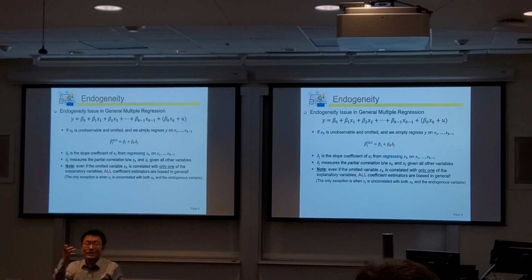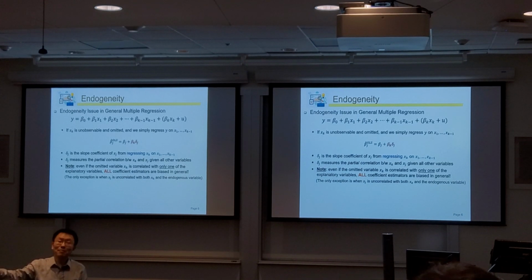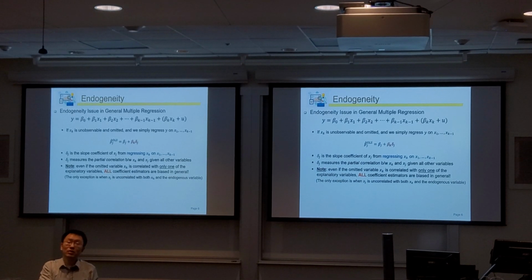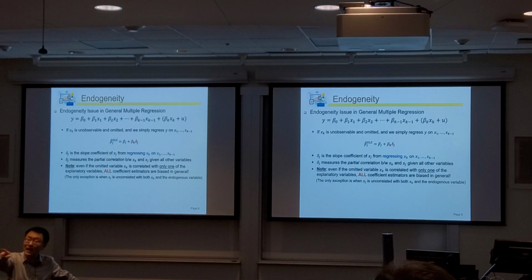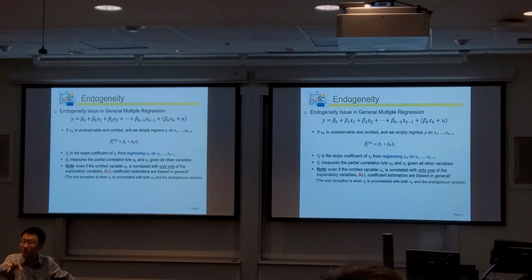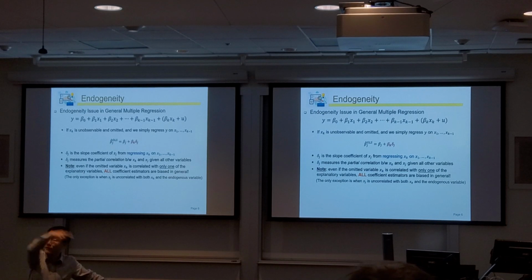But let's say something changed. For example, people with higher ability choose to stay in school for a shorter period of time. Then what would change? The ability now ends up being negatively correlated with the observed x variable, the years of schooling. So as a result, which one will become negative? Delta J will become negative. But beta K is how this omitted variable affects y.